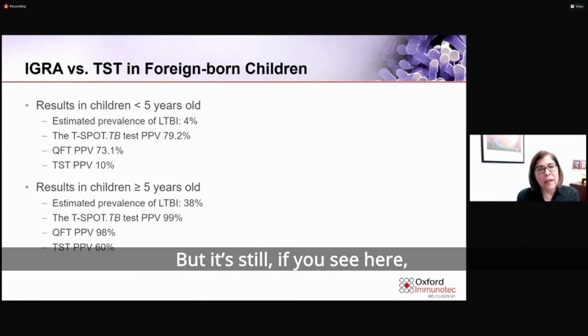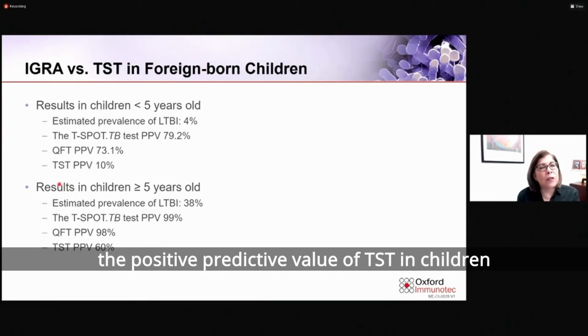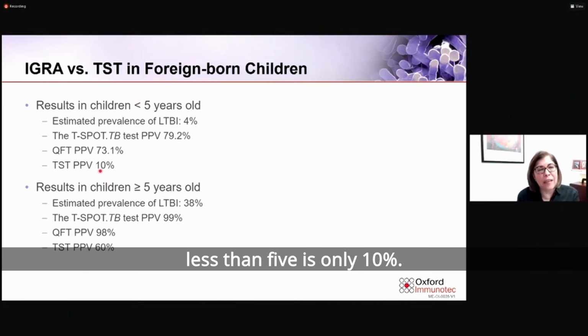But if you see here, the positive predictive value of TST in children less than 5 is only 10%, and it's up to 60% in children more than 5, but that is still pretty low compared to 99% for T-SPOT.TB in those more than 5, and almost 80% in children less than 5.